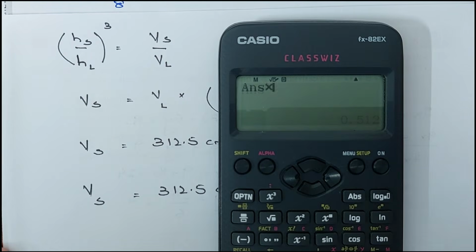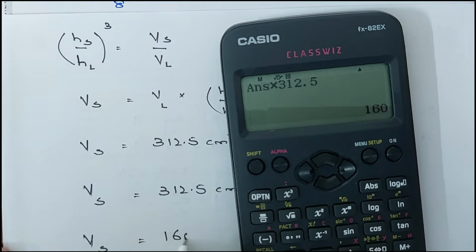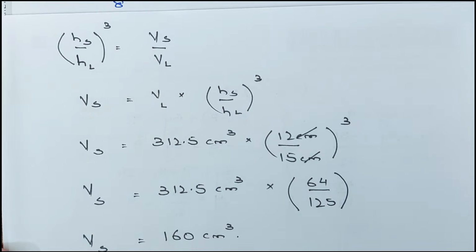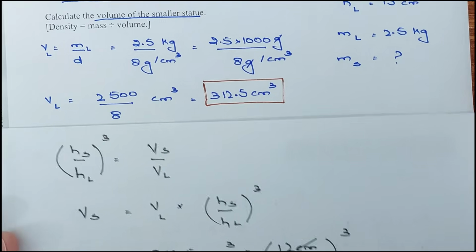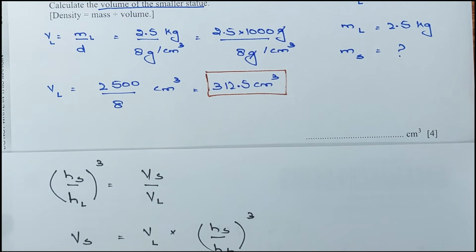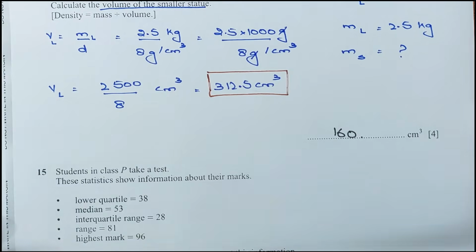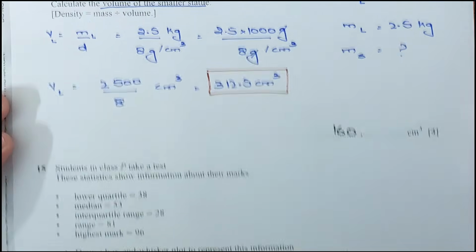Times 312.5 gives 160. So the volume of the smaller is 160 centimeter cube. Here we used the concept of similarity to get the volume of the smaller statue, which is 160 cubic centimeters.